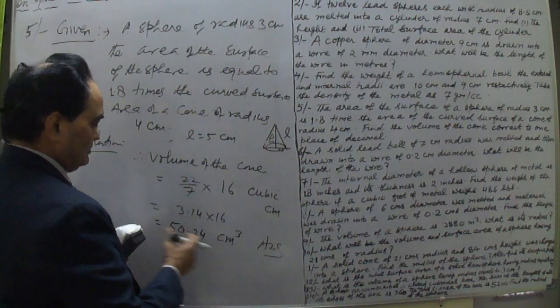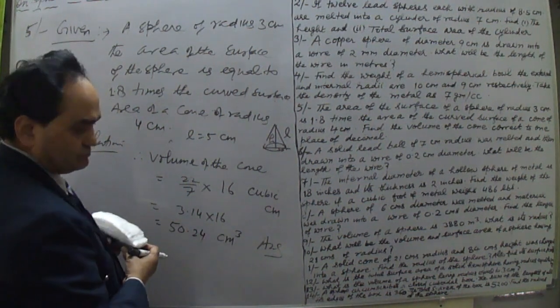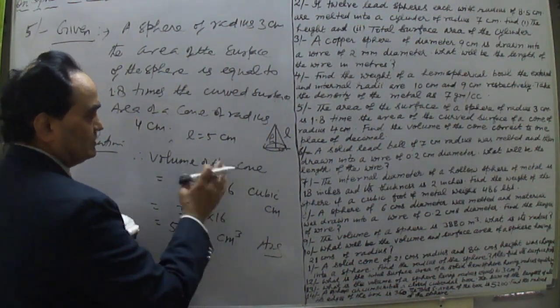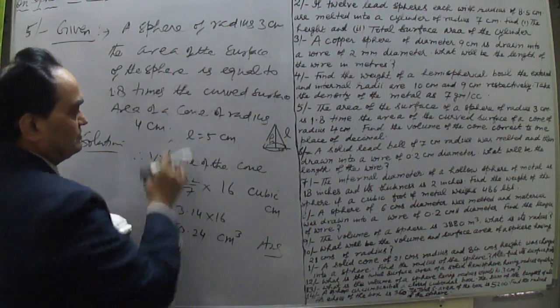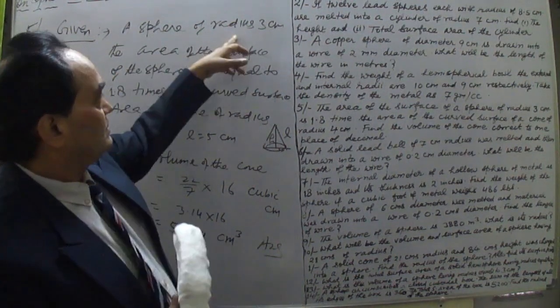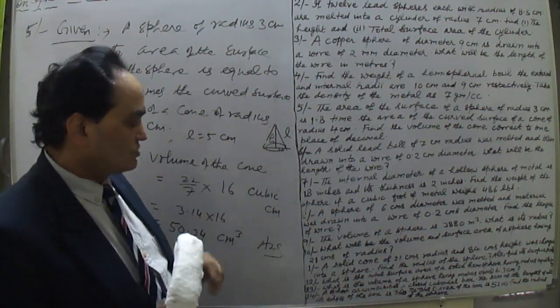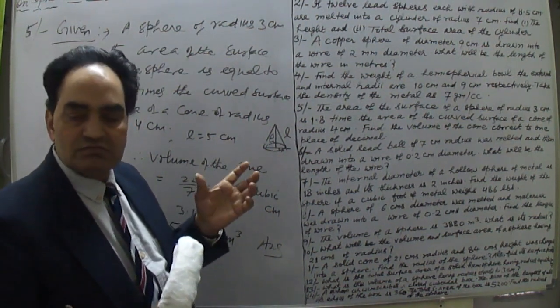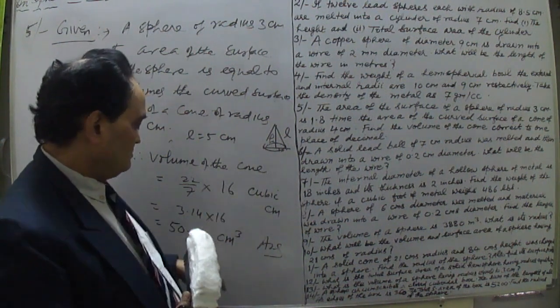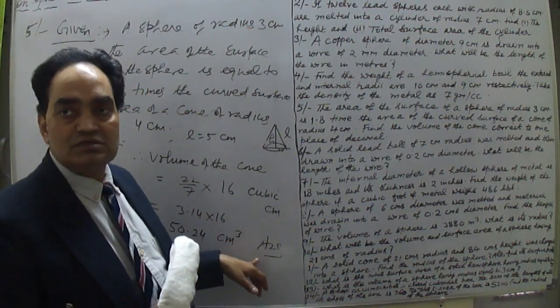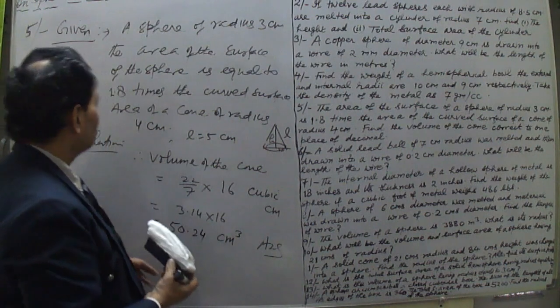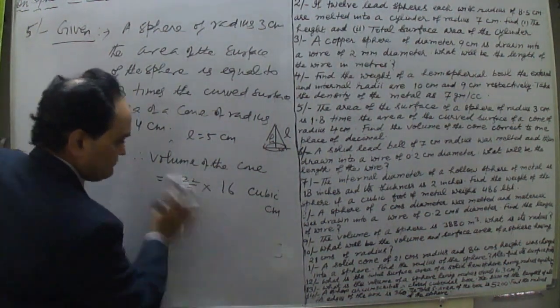So this is the answer here. The slant height we calculated with the help of this equivalency: the area of the sphere equal to 1.8 times the curved surface area of the cone. Then we calculated the vertical height with the help of Pythagoras theorem.